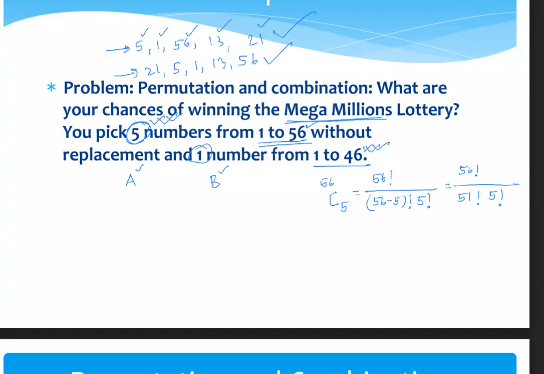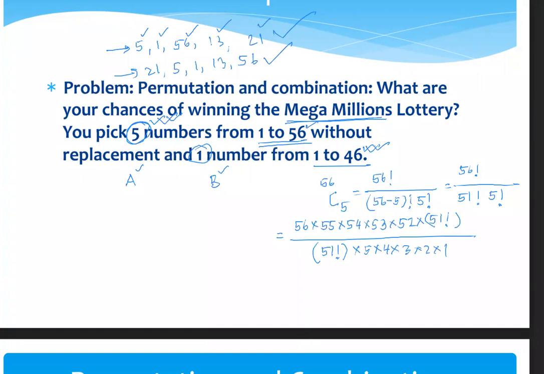Now I can simplify it. 56 factorial, I could write as 56 times 55 times 54 times 53 times 52 times 51 factorial, divided by 51 factorial times 5 factorial, which is 5 times 4 times 3 times 2 times 1. All right.